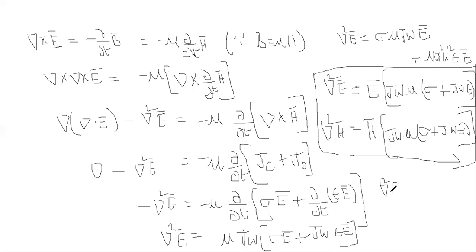Del square E bar is equal to gamma square into E bar, or, in terms of the magnetic field, del square H bar is equal to gamma square into H bar. What is gamma square now? Whatever is in the parentheses at the top.